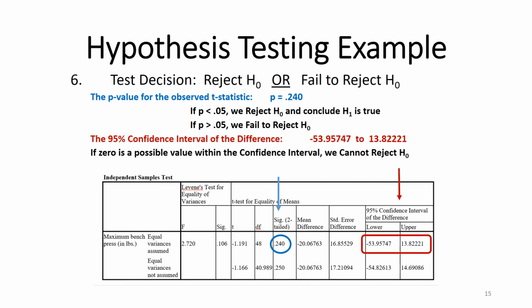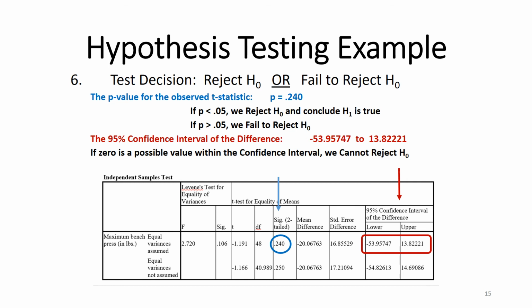Looking at ours, our value is 0.240. That is greater than 0.05, so unfortunately for this test, we're going to fail to reject the null hypothesis. The backup to double-check is that we need to look at the confidence interval.